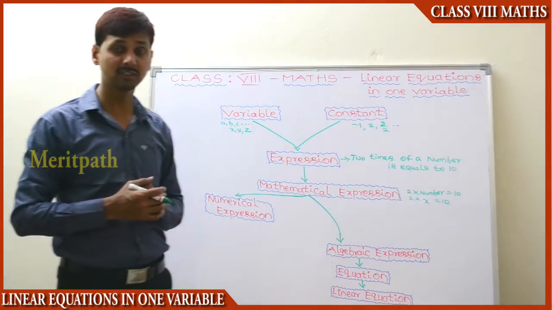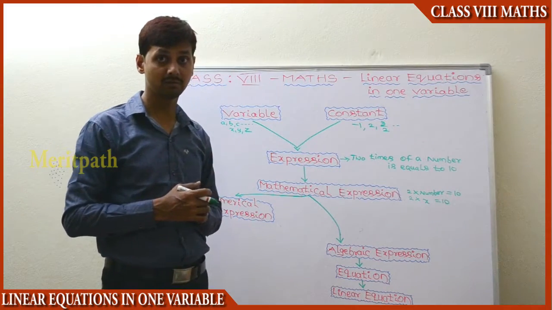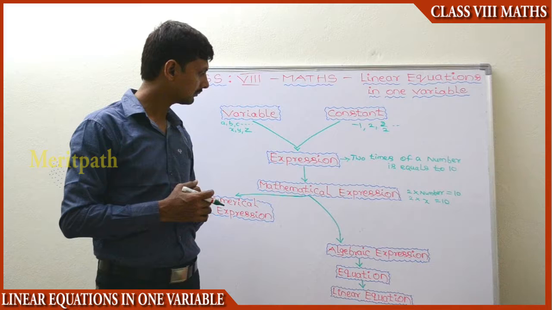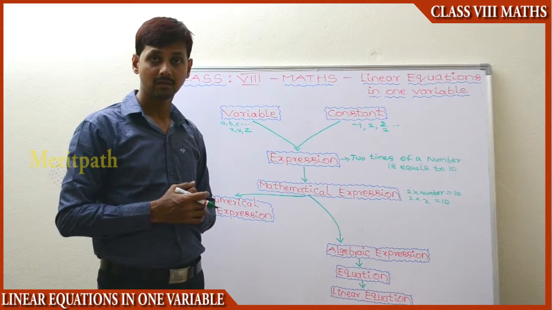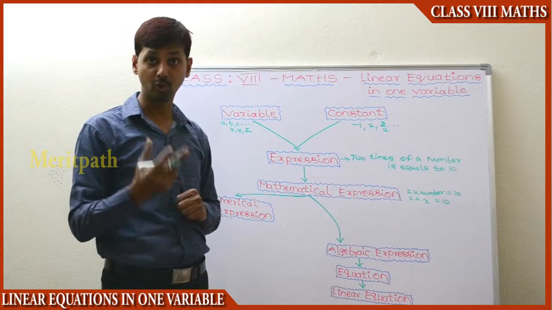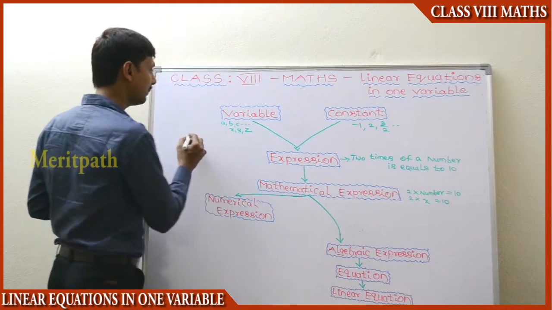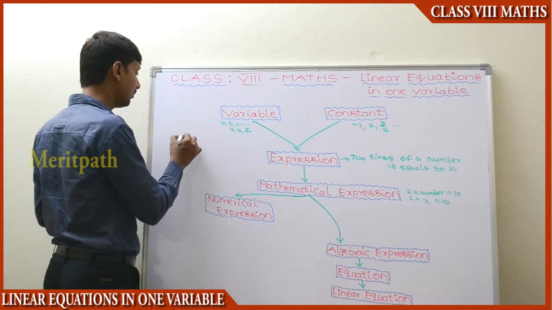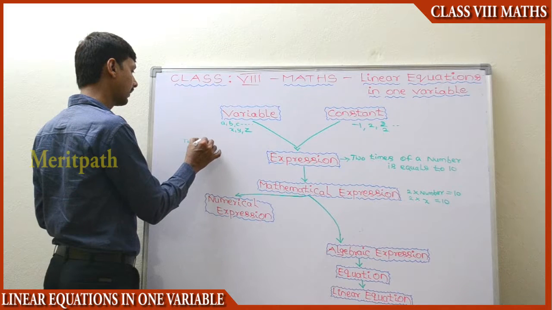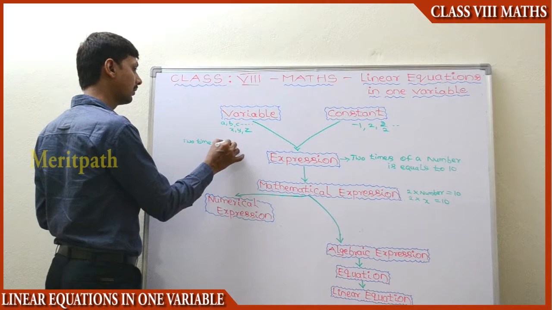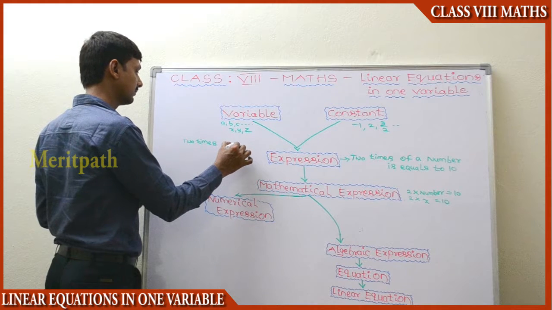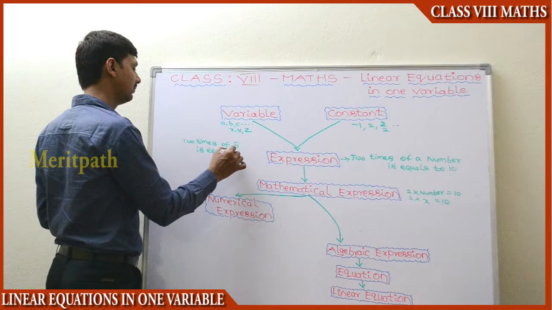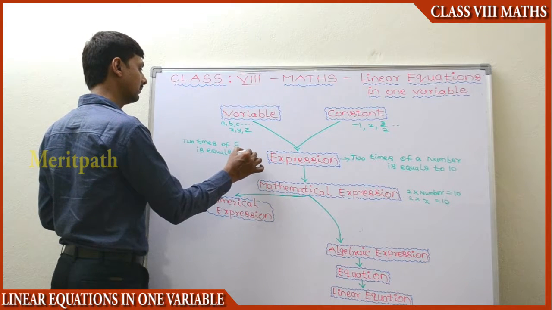So in a mathematical expression, we have different types. Here we can observe that it doesn't matter whether it's a known number or unknown number. We can write the expression in this form: 2 times of 5 is equal to 10.